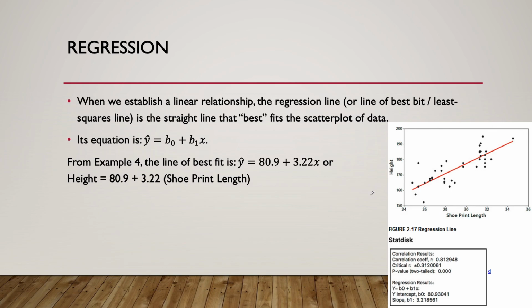And speaking of linear regression, we use this when we want to establish that linear relationship with a regression line, or line of best fit, or least squares line, or some variation thereof. That's the straight line that best fits the scatter plot of data.